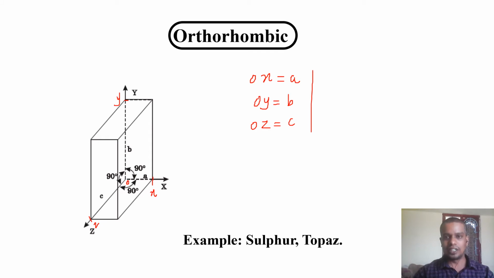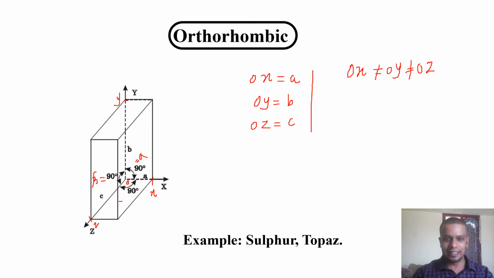Hence, you can conclude from the intercepts point of view, OX is not equal to OY is not equal to OZ. That means the three intercepts are not equal in the orthorhombic crystal system. What about the interfacial angles? The angle between X and Y, alpha, is equal to 90 degrees. Y and Z, beta, you can call anything alpha and beta, it doesn't matter, is equal to 90 degrees.